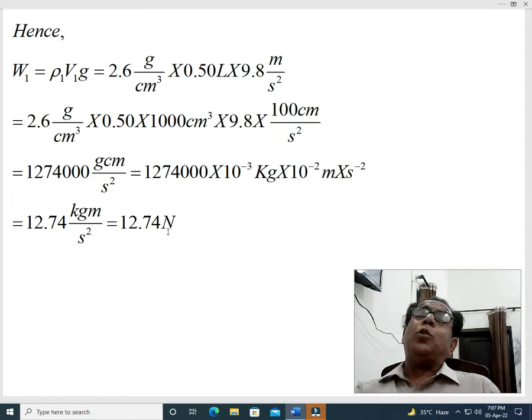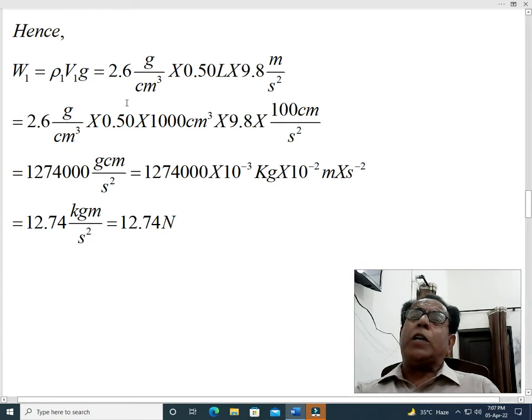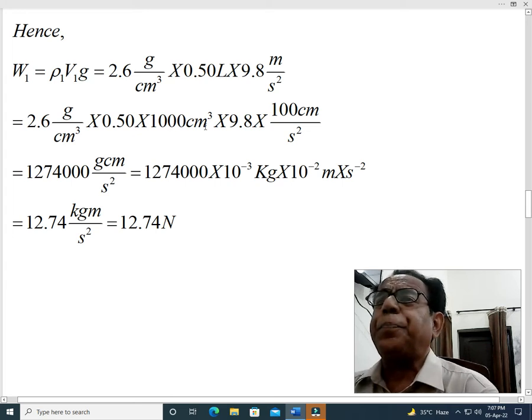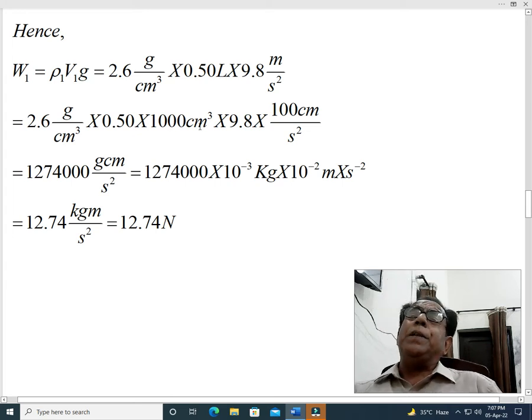There is almost no need to explain this simplification sequence, okay? Because in our earlier classes we have dealt with these steps so comprehensively that there is no need to explain the simplification steps here.